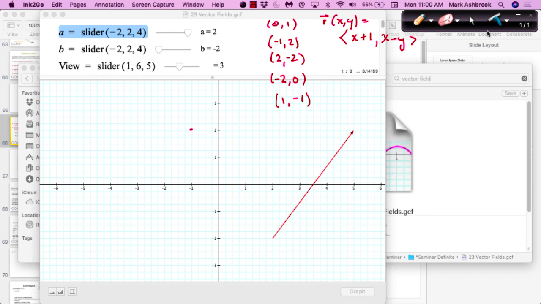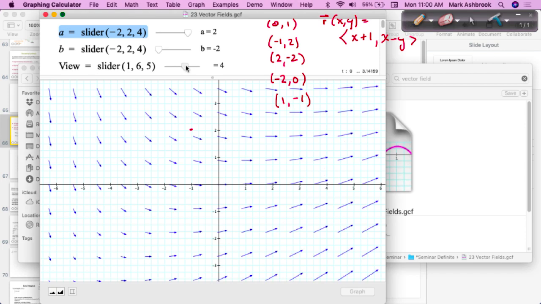So if you show the whole thing, now the vectors are to scale relative to each other, but they're not the actual size of the vectors. So this is the vector field x plus 1, x minus y.